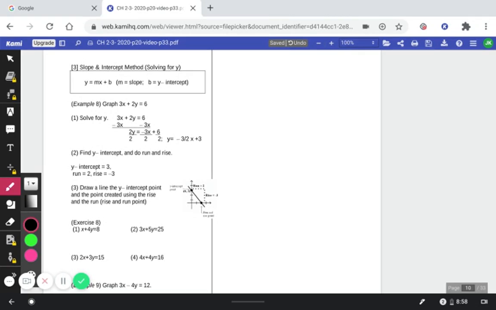Now, the third method is the slope and intercept method after you solve for y. So the slope and intercept method is the most complicated, but yet is very useful. The slope and intercept method is always used only when you have y equal mx plus b format.